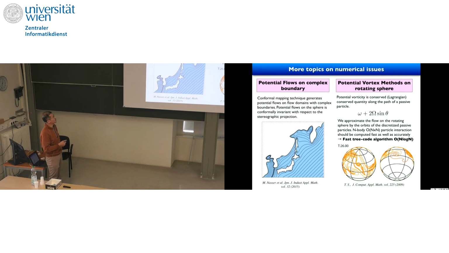Regarding numerical issues, we can develop a potential flow theory on the complex boundary by using a conformal map technique. This is an example of how we construct the potential flows in the neighborhood of the East Sea of Japan, East Sea of China, like this.